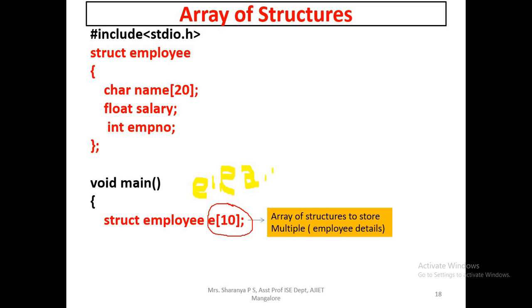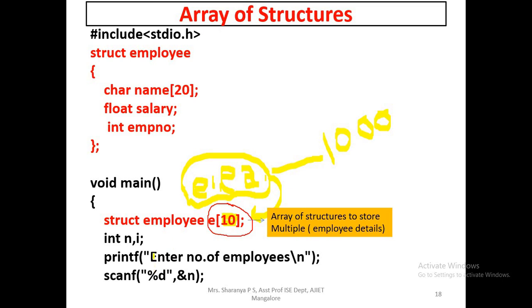But suppose we want to store around 1,000 employee details, in that particular case, is it a very good way to keep defining different variable names? No. For that, we can make use of arrays. That is what we define by using struct employee E of 10. Here 10 refers to the size of the array. That is, here we are creating the array of structures.